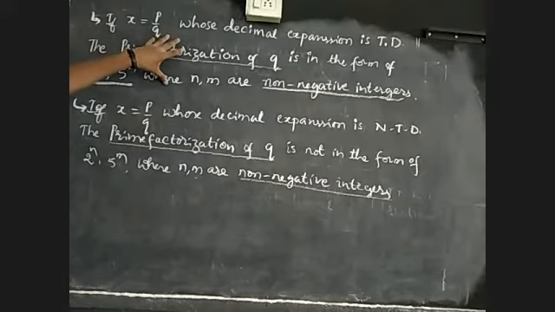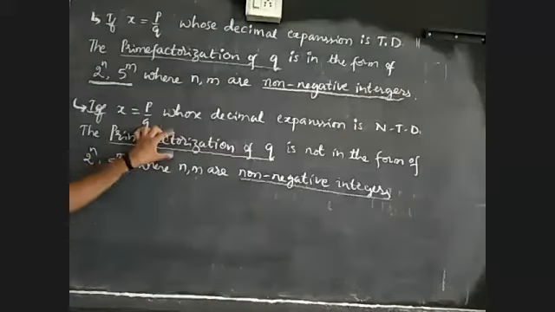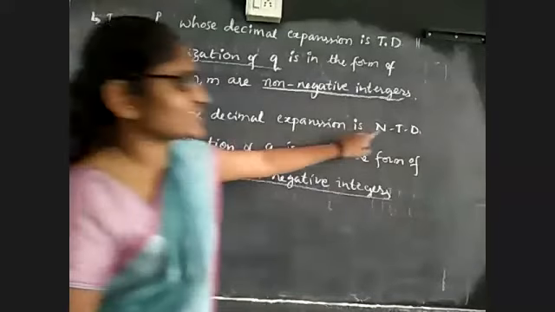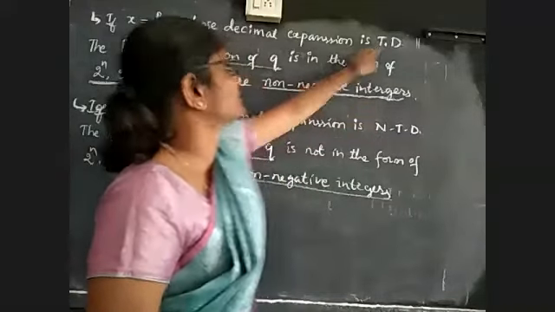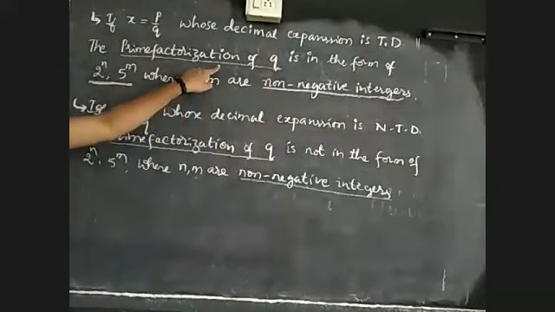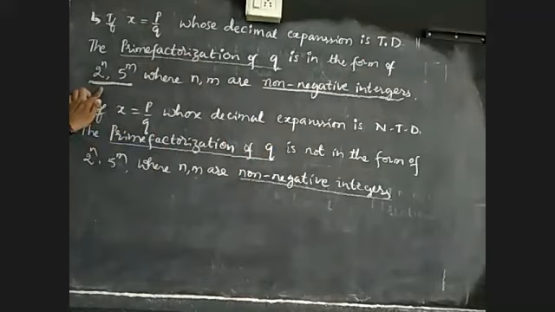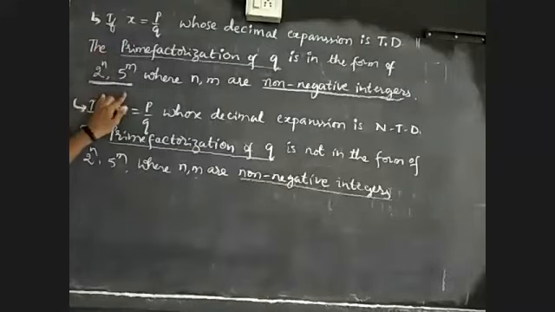One is about a rational number whose decimal expansion is terminating, the other about one whose decimal expansion is non-terminating. For it to be terminating, the prime factorization of q must be in the form of purely 2 power n, purely 5 power m, or both.